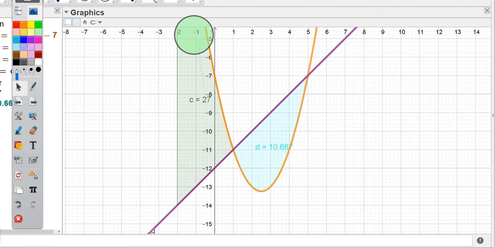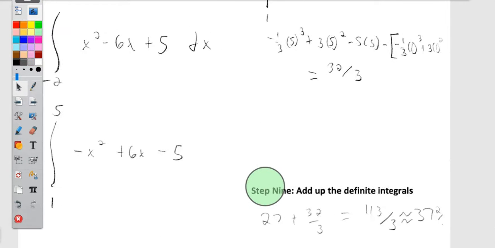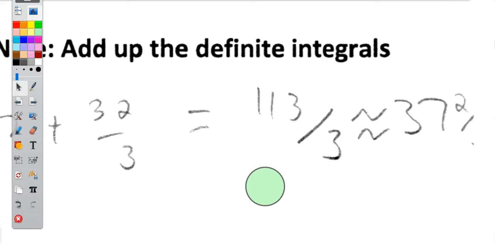Now obviously we want to find the total area between these two graphs, so it makes sense that we would add these two together. So for step 9, add up those integrals, and you get 37 2/3, which is 37.6 repeating. And again, that's what happens when you add up those two areas.